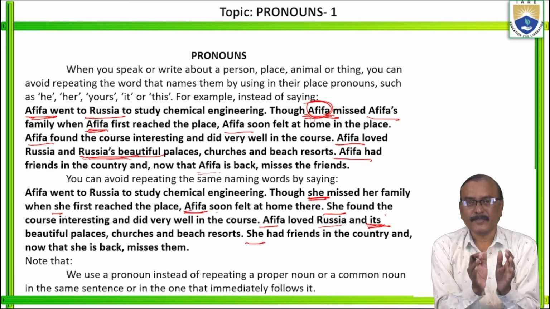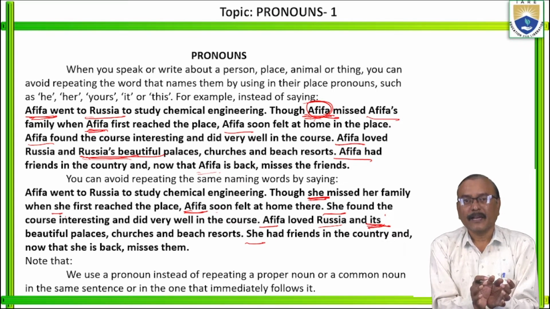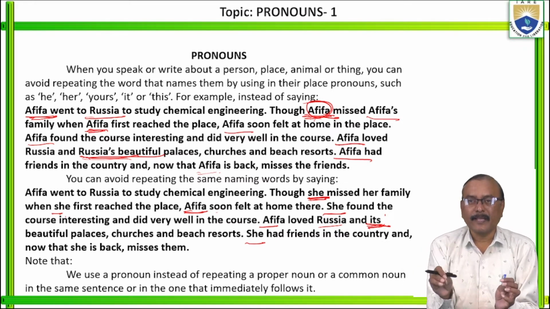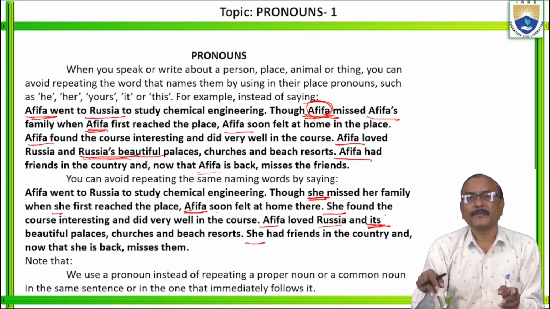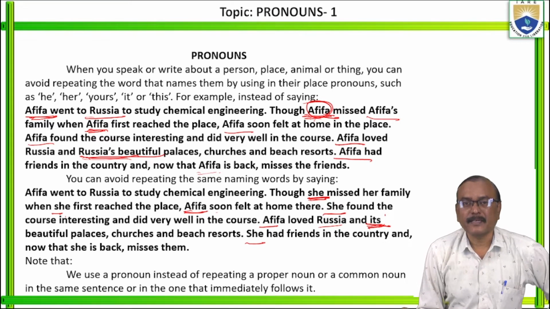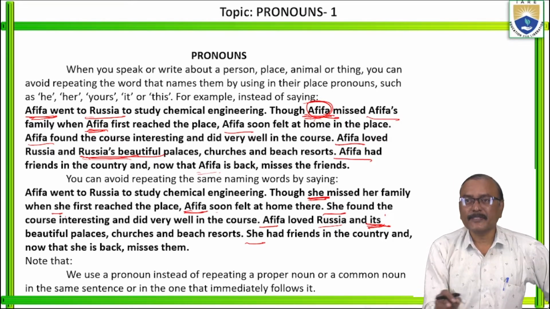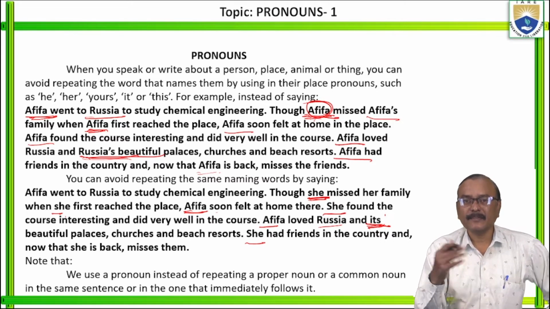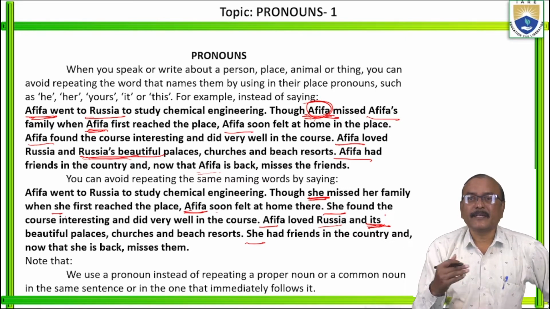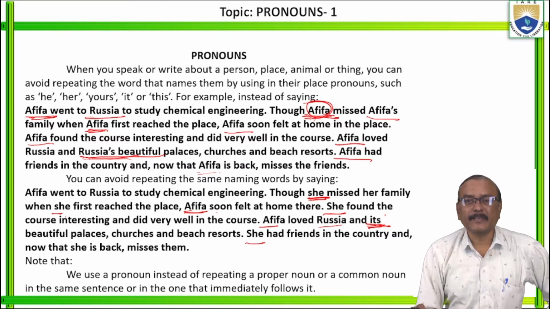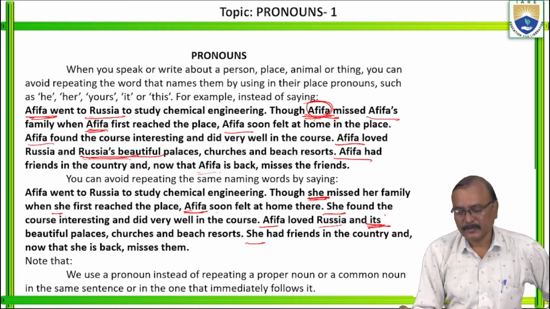In the first sentence you can use the noun, and if it demands the same name again, use a pronoun instead. After using that pronoun two or three times, then again you can use the noun. So to avoid repetition of the same naming words, we are using pronouns.